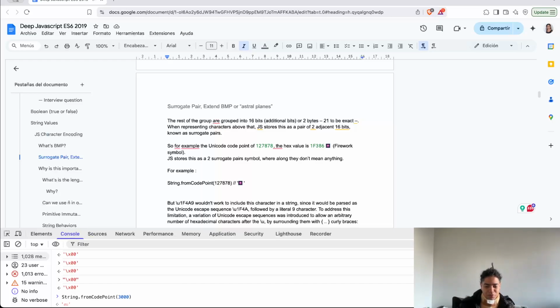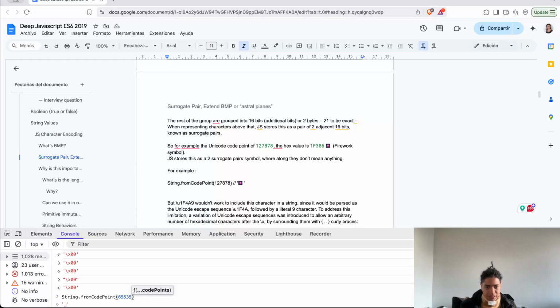If we go further, 5,000, it's representing Japanese kanji and that kind of stuff. And if we go now to the limit, 65,535, this perhaps doesn't render an icon maybe because of some internal representation, but you know that this is empty here.